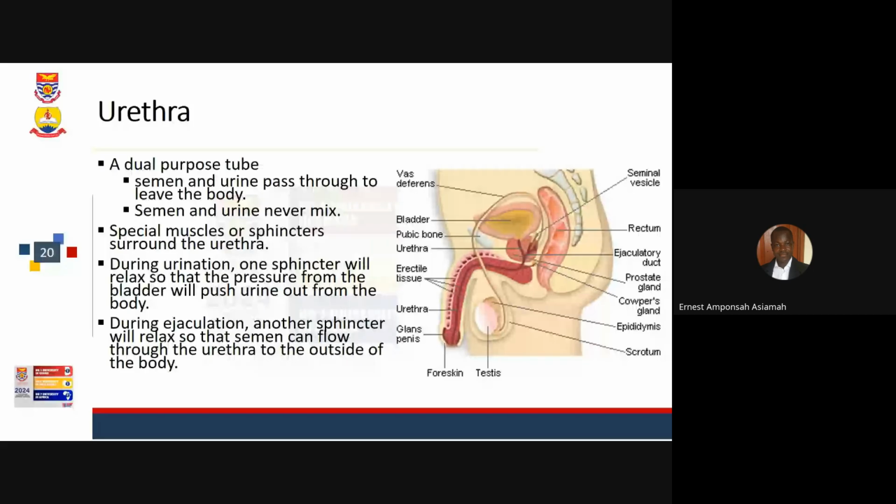During urination, this sphincter will relax so that the pressure from the urinary bladder pushes urine from the bladder through the urethra out of the body. Then during ejaculation, we have another sphincter relaxing so that semen will be able to pass.